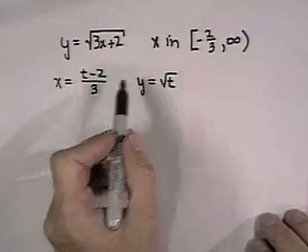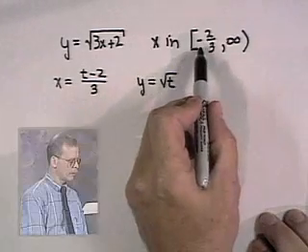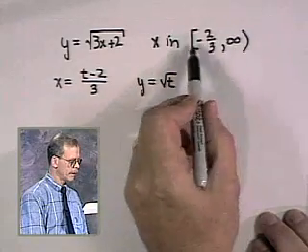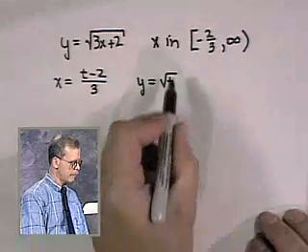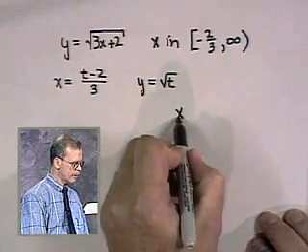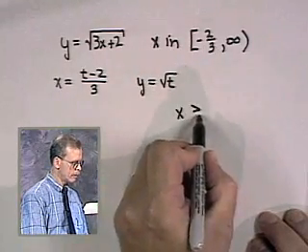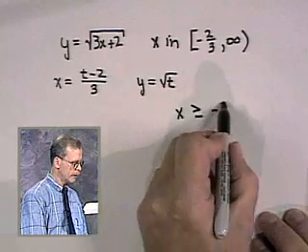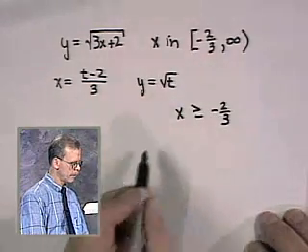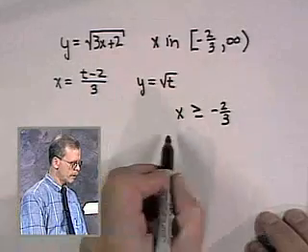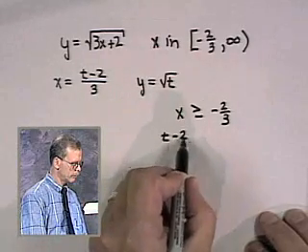Now let's check the interval of t and see what would be appropriate. We know from the beginning that x is in the interval negative 2/3 to infinity inclusive. That means that x is greater than or equal to negative 2/3. But x is (t minus 2) over 3. We'll substitute.